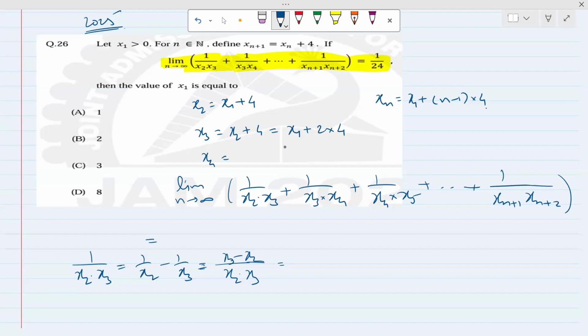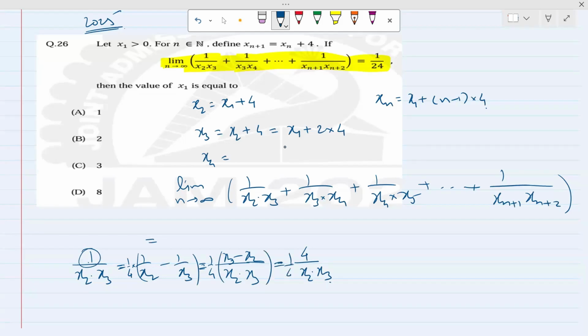If we want to write it like 1 upon x2 minus 1 upon x3, then if I simplify the right hand side, I'll end up getting (x3 minus x2) upon x2 into x3. But do I know the value of x3 minus x2? Yes, it is 4. But I want this 1 here, so I need to multiply by 1 by 4.